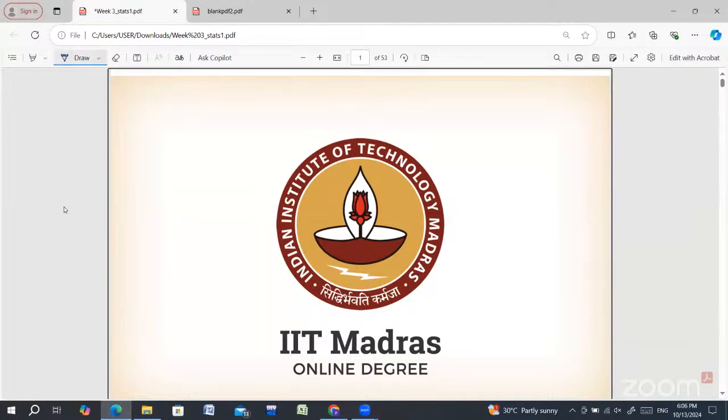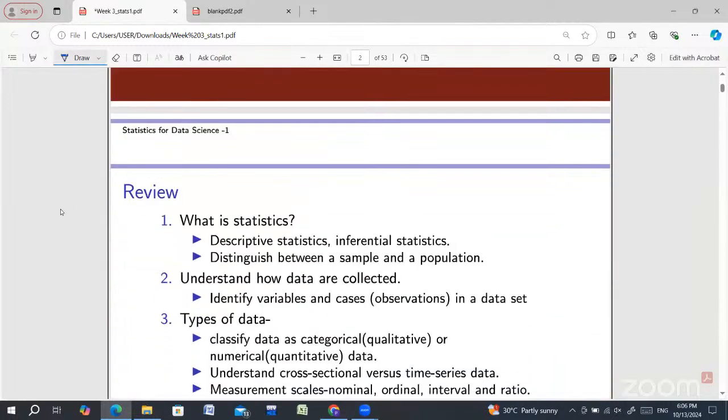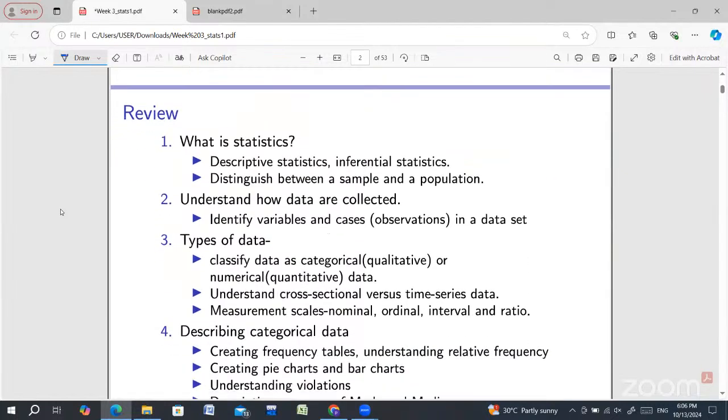So till here you have studied week one and week two. You studied what statistics is, descriptive statistics and inferential statistics, and sample and population. Then different types of data, categorical and numerical data, cross-sectional and time series data, and the different measurement scales: nominal, ordinal, interval, and ratio.